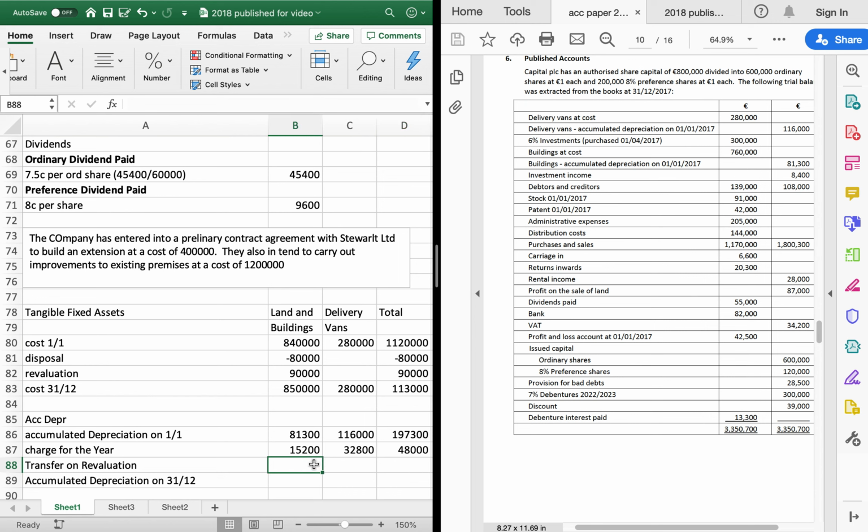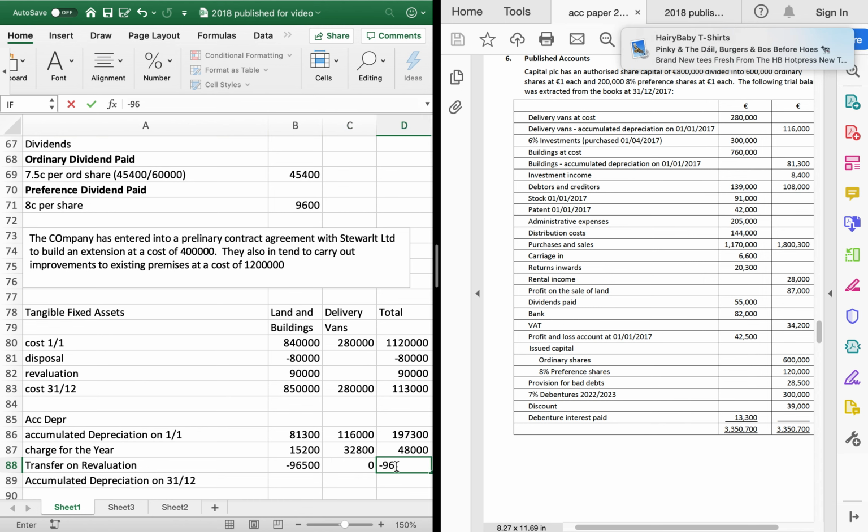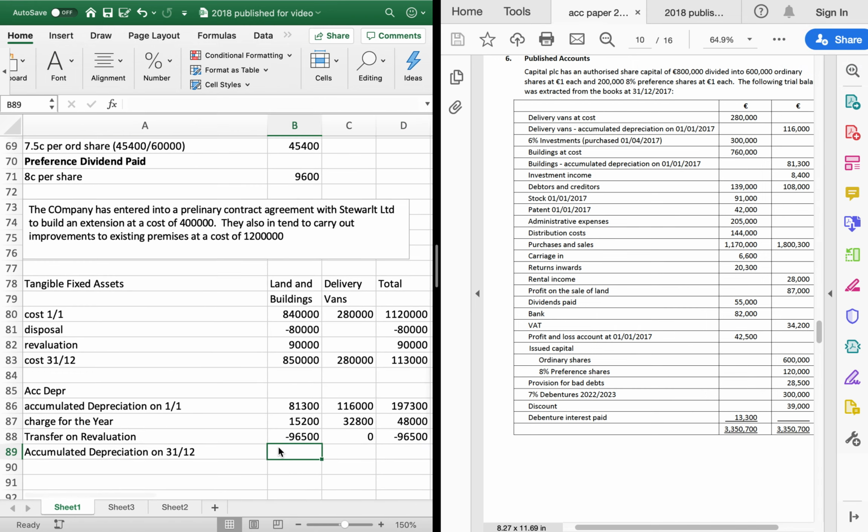So then did we get rid of any depreciation? We got rid of all of the depreciation on the land and buildings. So those two added together are 96.5. We didn't revalue the delivery vans at all. Okay, so that gives you an accumulated depreciation at the end of the year.